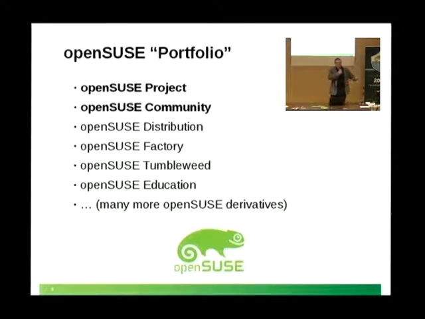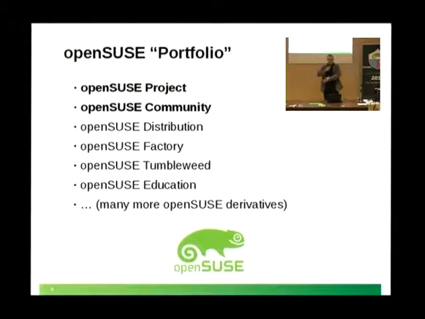If I'm running openSUSE, then I'm not talking about the project necessarily, I'm not talking about the community, but I'm talking about the distribution. Then some people, when they talk about openSUSE, are talking about Factory. We're talking about Tumbleweed, Education, and a whole bunch of other things that classify as openSUSE. So what I want to focus on is the project, the community, and a little bit of the distribution. And some of the other parts also come into play.